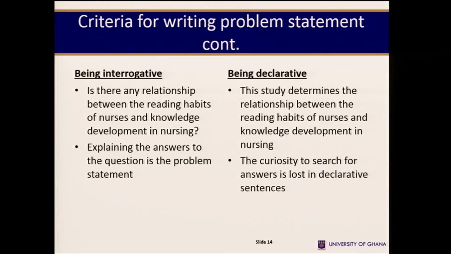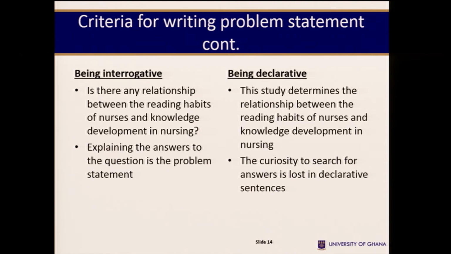So now let's differentiate between the two, being interrogative and being declarative. These are just a few examples. Being interrogative means you could have any of those. Is there any relationship between the reading habits of nurses and knowledge development in nursing? That is being interrogative.